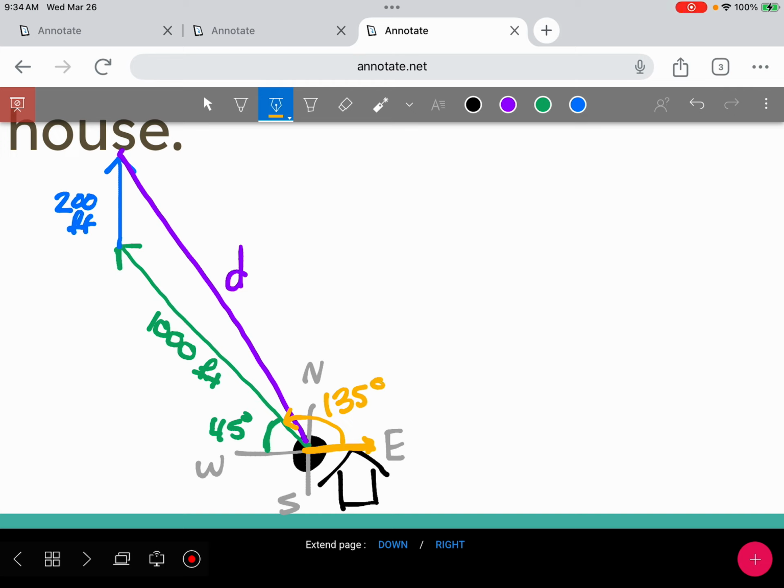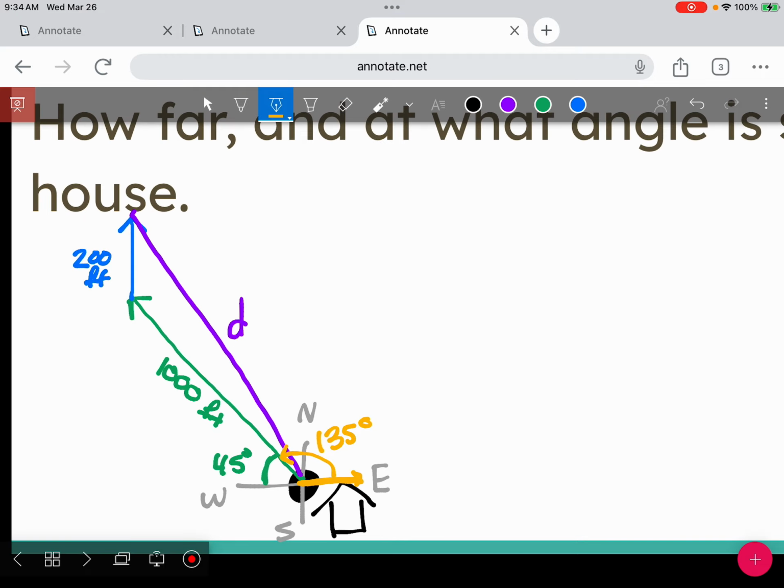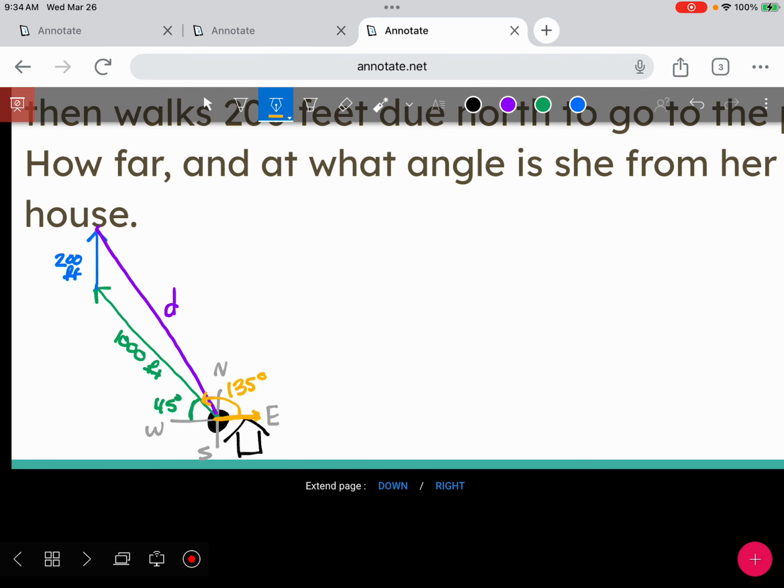Angles are set up off of the positive x-axis, just like for the unit circle. So our angle for this green vector is 135, because we know it's 45 degrees north of this piece, and this is always our initial point for our angles, because it wasn't given to us as a bearing. It's off of our east.